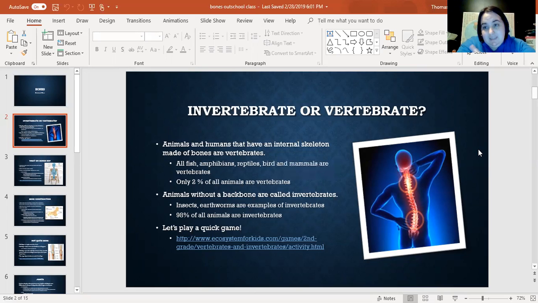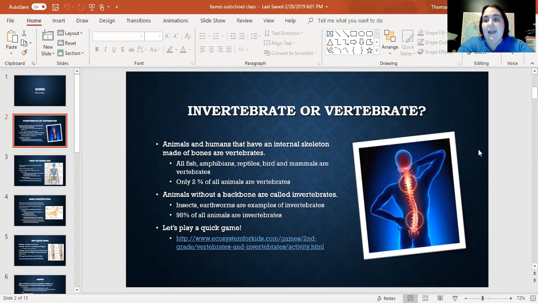However, snakes, this is a common misconception, are reptiles, and so they are vertebrates. A lot of people ask me about that because snakes have a lot of cartilage in their bones, which is a very flexible connective tissue. So they're able to move and slither, almost like earthworms.